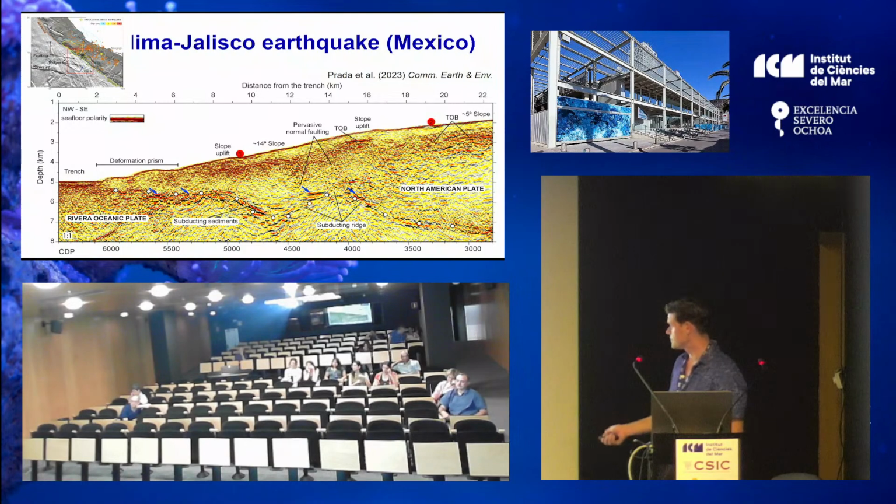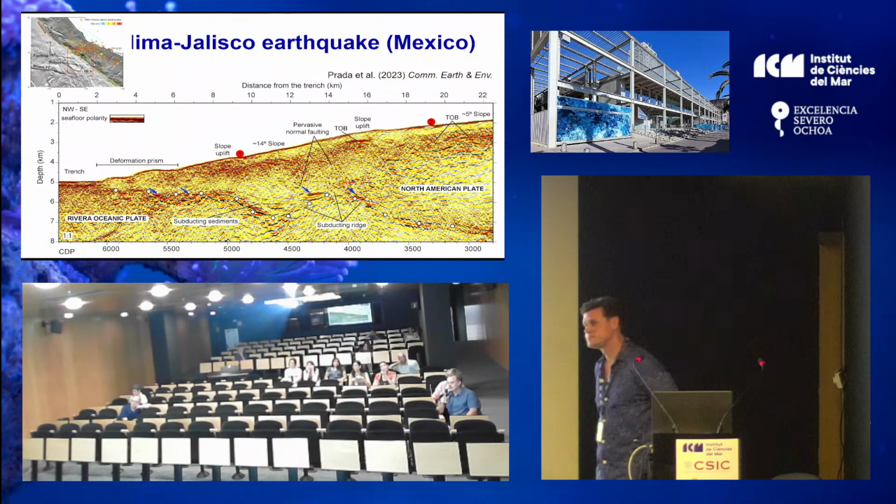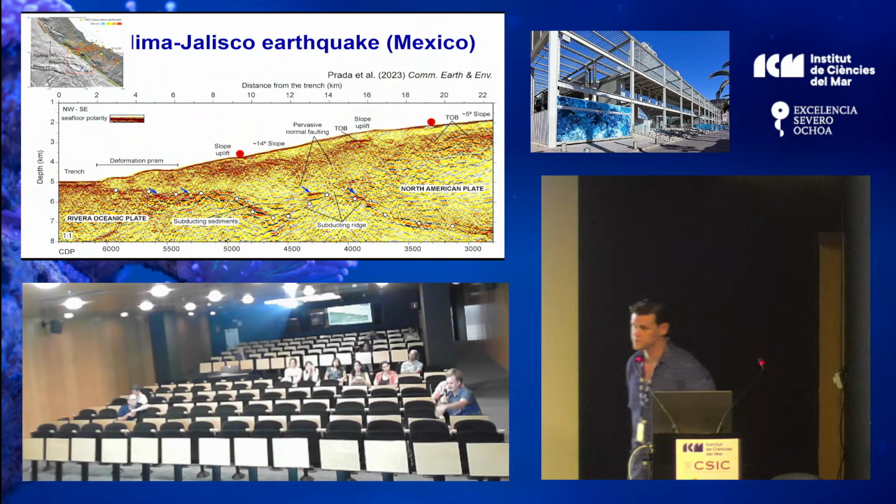The point is that we don't really see reverse polarity reflectors in this area. So our interpretation is that fluids are escaping, but we have no information on the seafloor about this seepage. But these reflectors with reverse polarity are due to the subducting plate that carries sediment. Yeah, that's the interpretation.